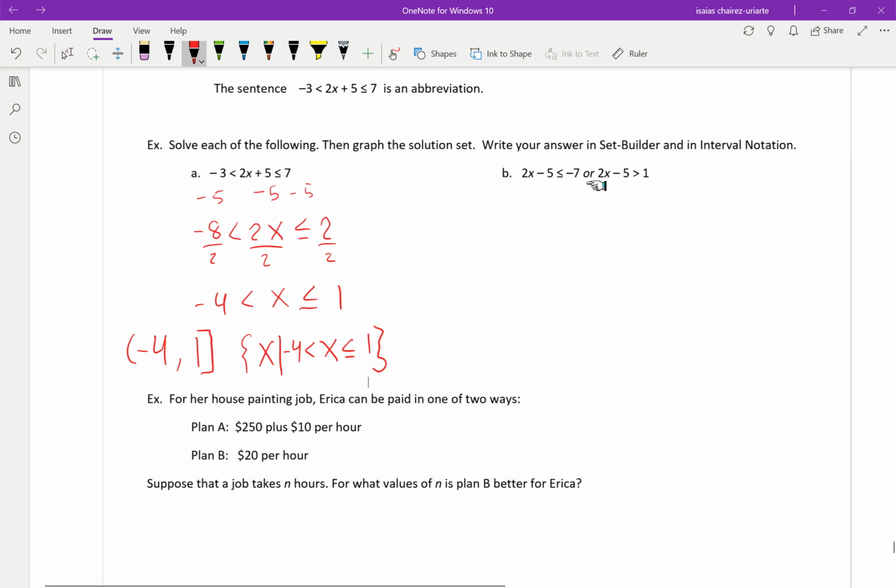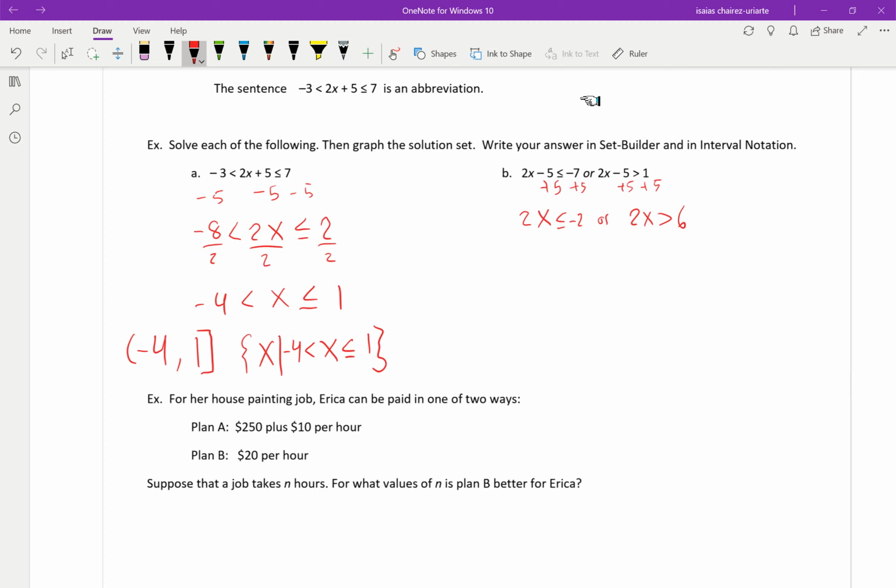In this inequality, I'm going to have to be working two inequalities at the same time. And that's okay. Just remember that if you multiply or divide something by a negative, the inequality signs flip. So I am going to begin by adding 5. Then I have 2x is less than or equal to negative 2, or 2x is bigger than 6.